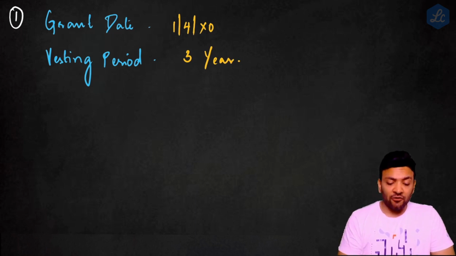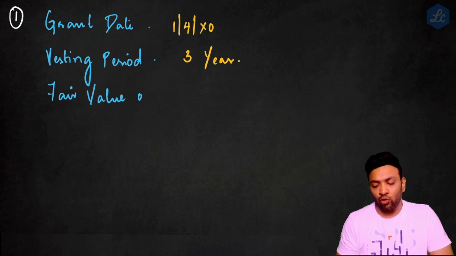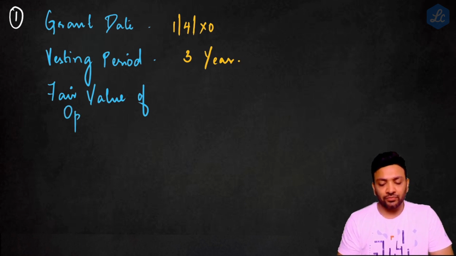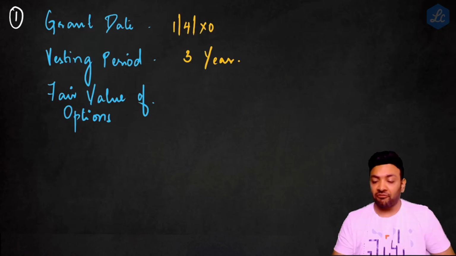What is the fair value of option? The options have a fair value of, look at the question, they granted to employees share options with a fair value of 5 lakhs.